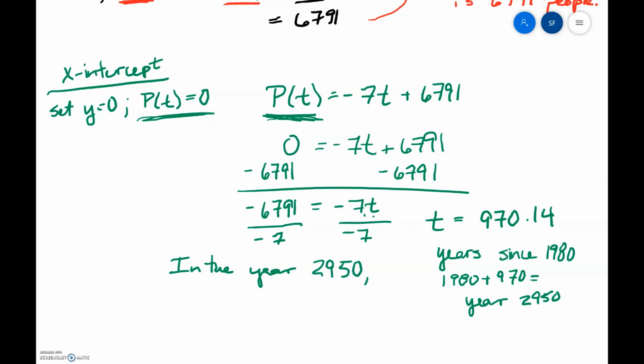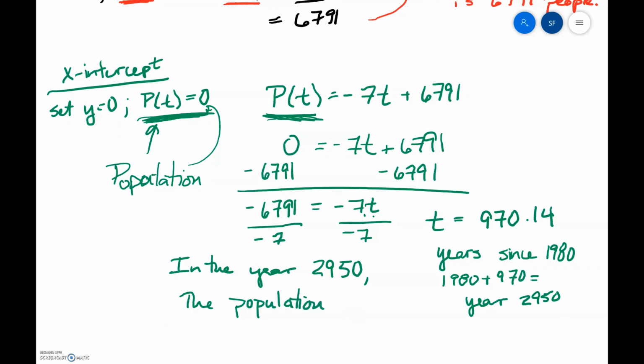How did we get this? We got this by setting P of t equal to 0. P of t represented population, so we set the population equal to 0. So in the year 2950, the population will be 0.